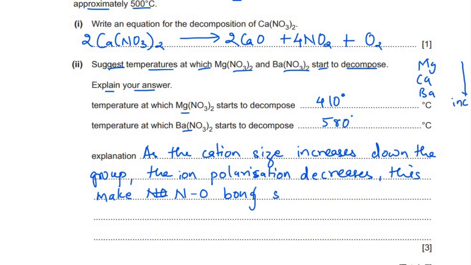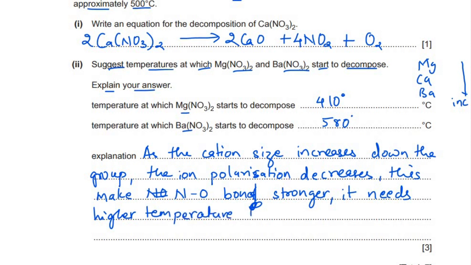If this NO bond is stronger, it needs higher temperature for decomposition of nitrates down the group. So higher temperature for decomposition down the group. So that's how I'm going to write the explanation for 3 marks, because this question carries 3 marks.